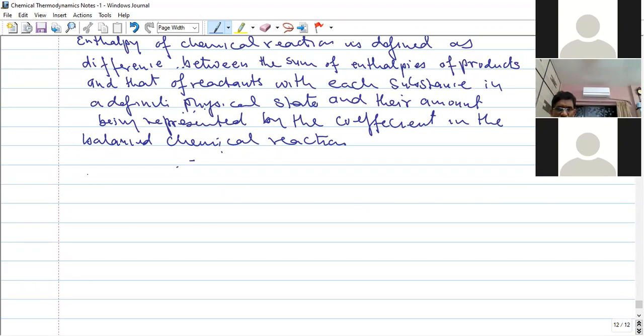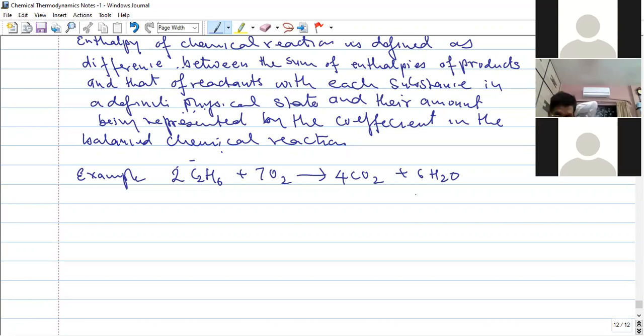If you are given 2C2H6 plus 7O2 giving you 4 carbon dioxide plus 6 water. इसका एंथैल्पी क्या होगा? एंथैल्पी ऑफ रिएक्शन क्या होगा?